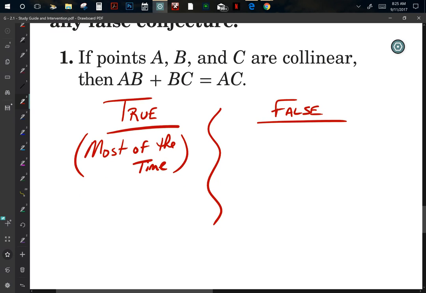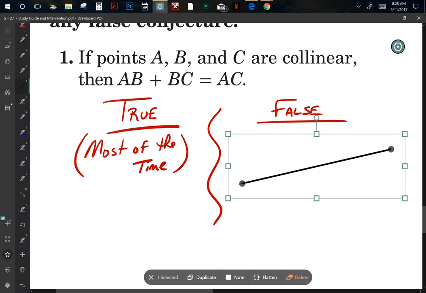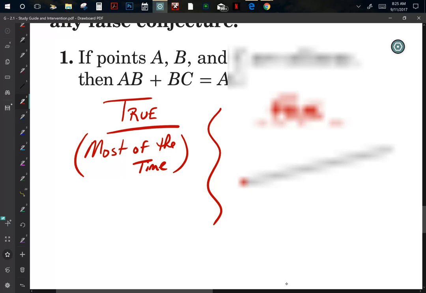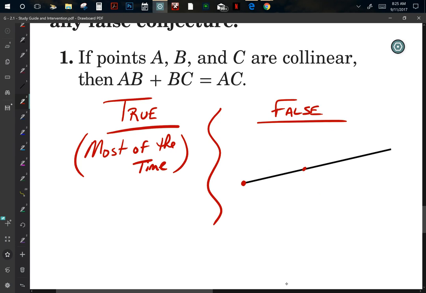Can you draw things to where this wouldn't be the case? Think of it this way. You have a line, all three are collinear. Can you put the letters to where this would not be true?